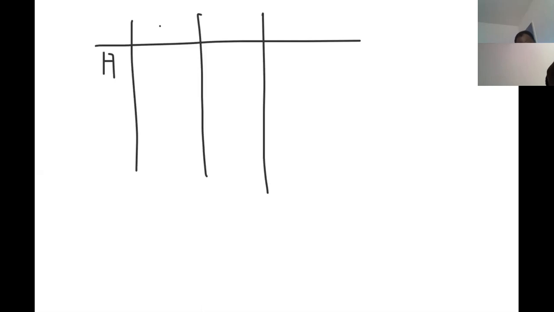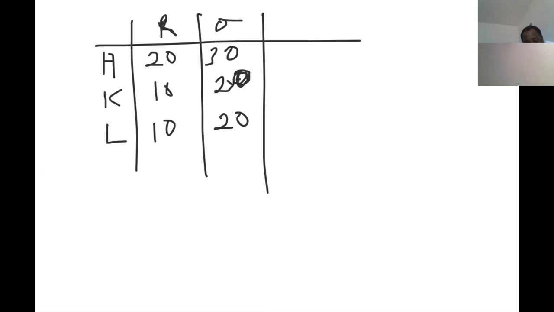So stock H has a return of 20% and a volatility of 30%. But you plan to invest a total of 50,000. Both K and L have 10, 20, 10, 20. Okay. So I'm going to skip the first part, the A part, because that is a two-asset scenario.